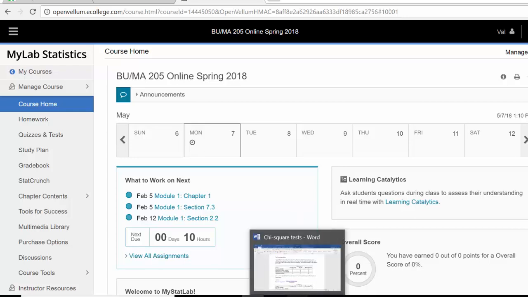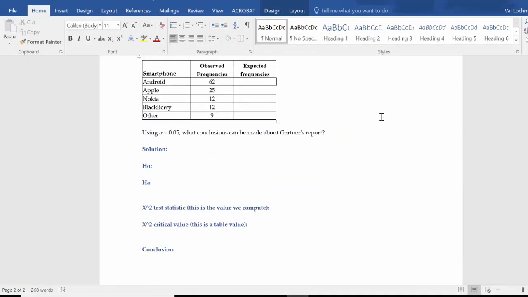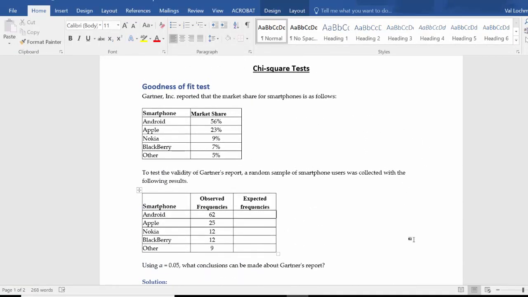Okay, let's take a look at the problem that we're going to solve and how to approach general problems that deal with goodness of fit. Let's say we have a report from Gartner Incorporated that gives the market shares for smartphones. They give us the percentage for each type of smartphone. So let's say 56% represents the share for Android.